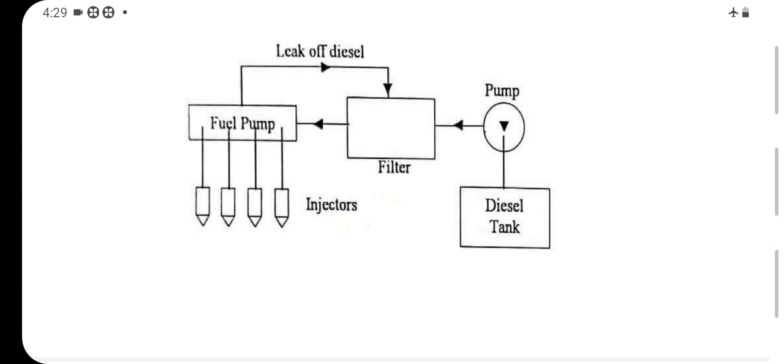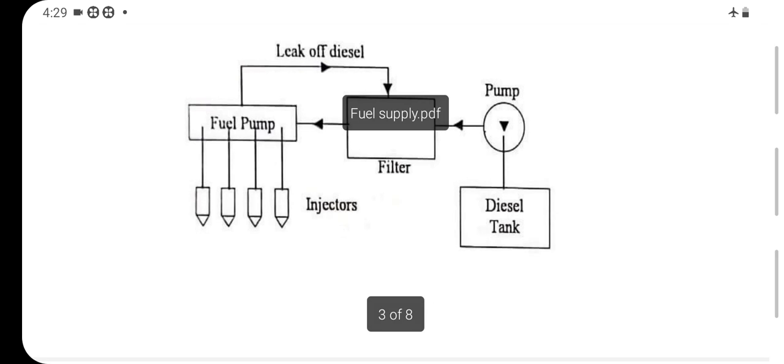Then the fuel is supplied to the fine filters, in which all the dust and dirt particles are removed. Then the fuel is supplied to the high pressure fuel injection pump, where the pressure of fuel is raised to around 250 bar, and then it is injected into the cylinder by the injectors.